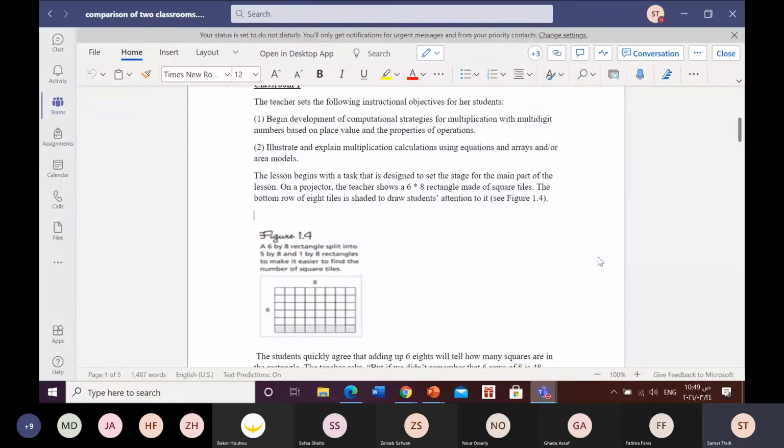While in the second classroom, previous knowledge was connected to develop how to develop the algorithm. But the instructional objective was the same, of course.